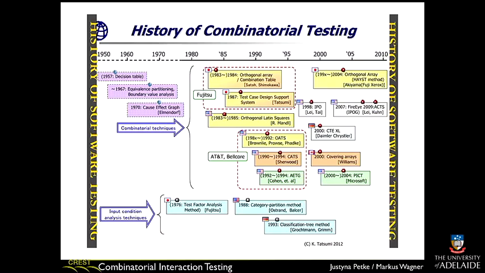Super brief history of combinatorial interaction testing in software engineering. About 2,000 years before that, you had that riddle, the quiz about the spices. The decision tables came up in 57, and lots of companies have adopted the ideas, for example AT&T, Chrysler, and Microsoft as well. At times they have brought out specialized tools as well.